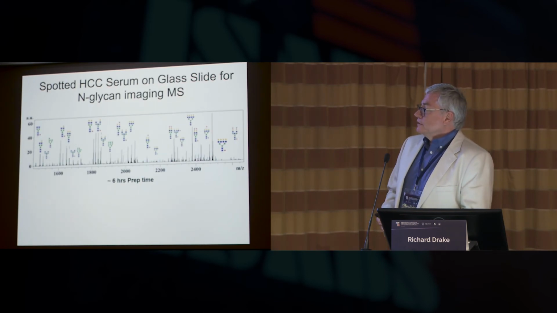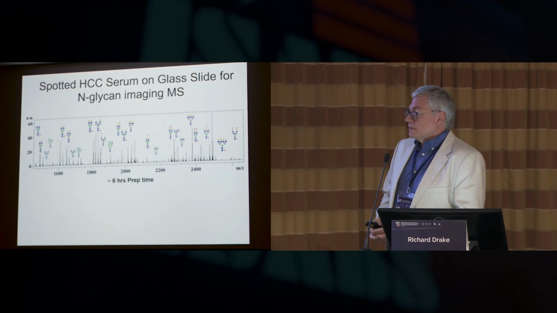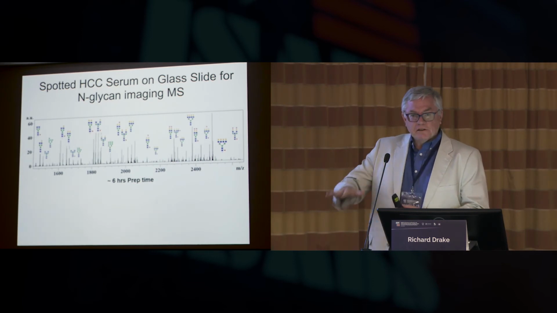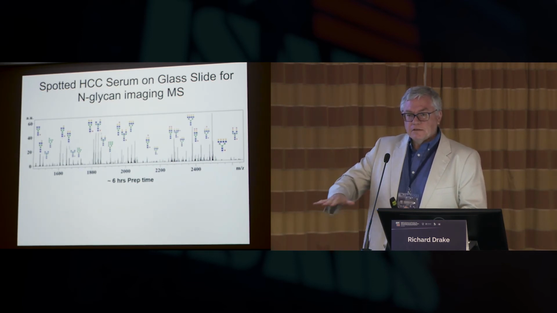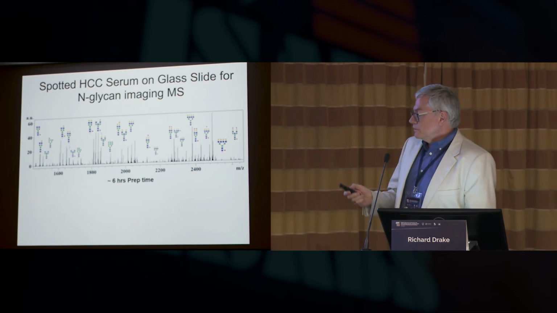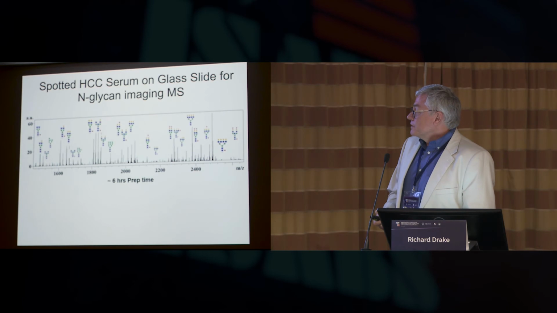And if we can do an antibody capture, what if you just spot serum? This isn't that trivial because you have to keep it there. So we've been working on how you get it onto the slide. But once we keep it on the slide, then we just pretend it's tissue, and we can get a good distribution. Six hours, that's being conservative.